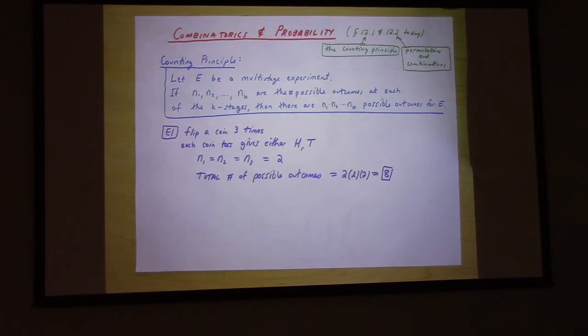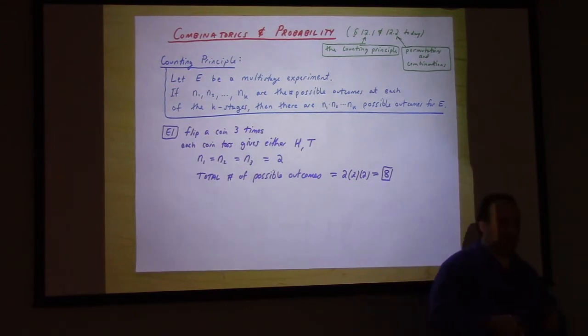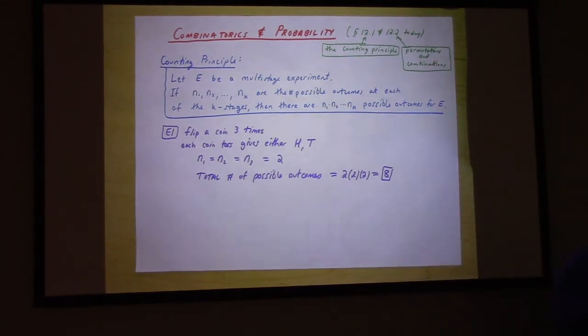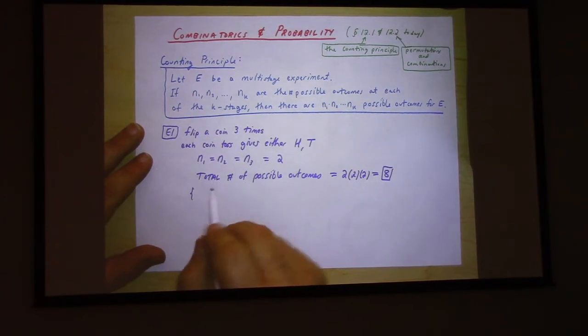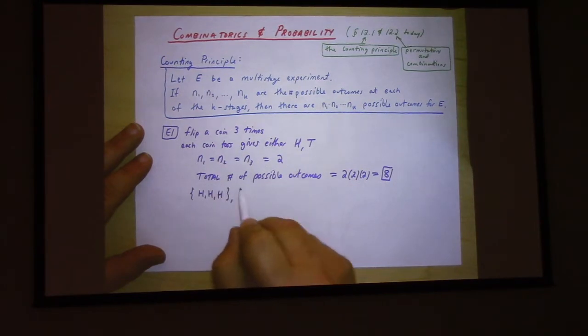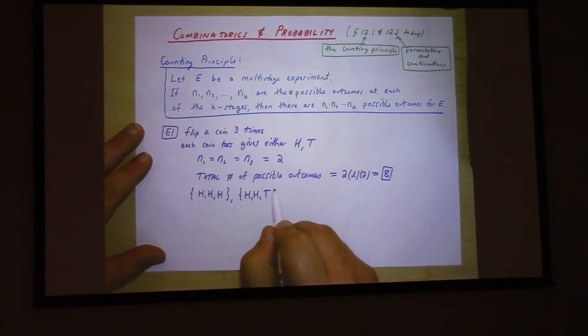Now your textbook discusses a number of different ways to think through this. You could make a set that has symbolically all the different possibilities. What would the set look like? You could have heads, heads, heads. Heads, heads, tails.